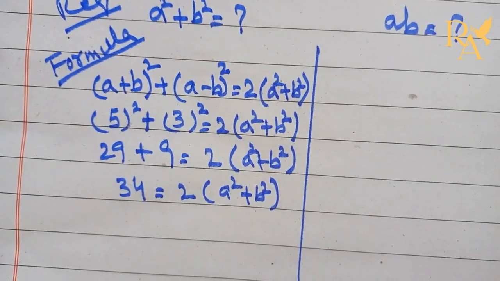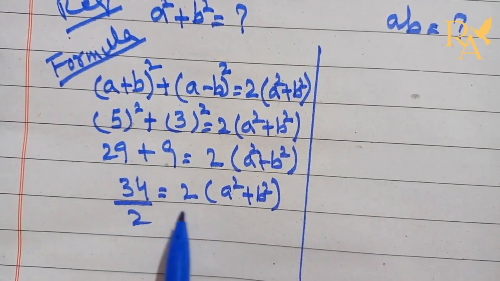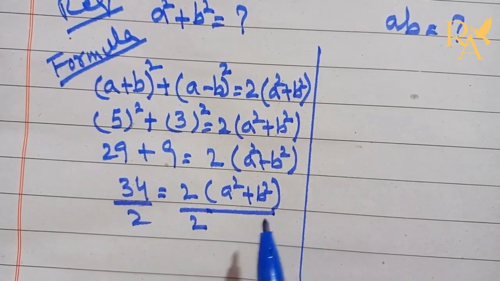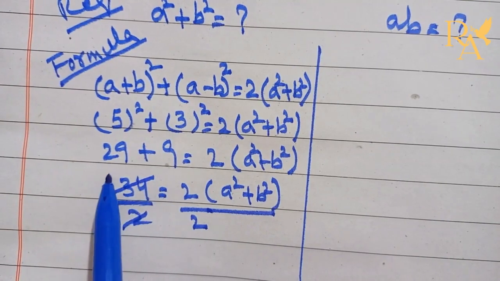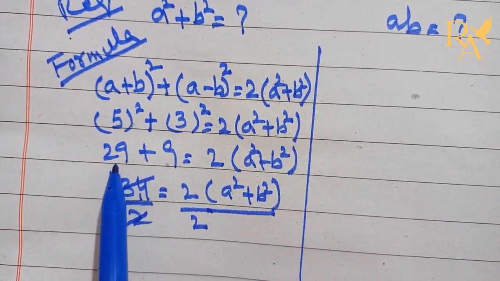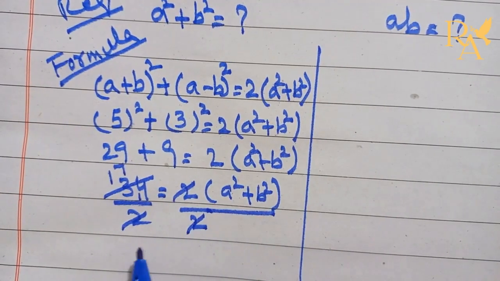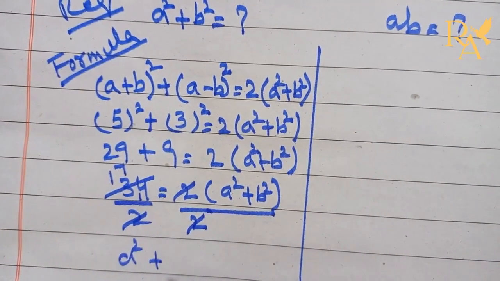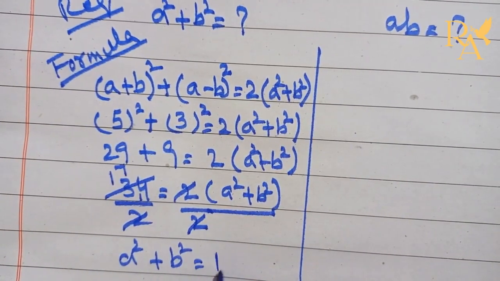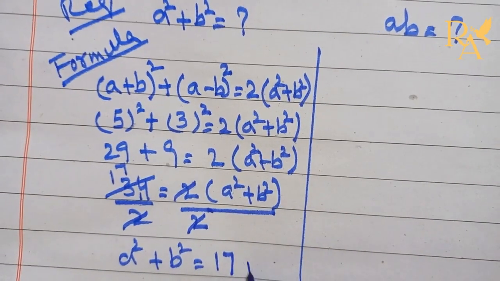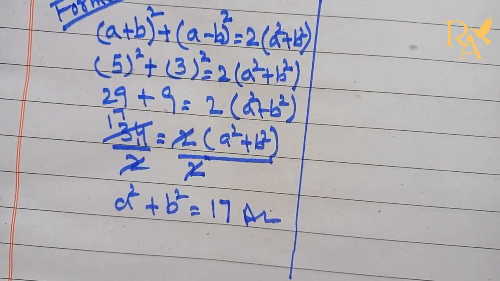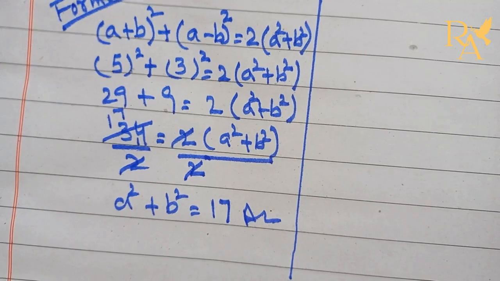Now we will divide both sides by 2. 2 ones are 2, 2 ones are 2, 7 twos are 14. 2 cancels with this 2. A square plus B square is equal to 17. This is the answer of A square plus B square.